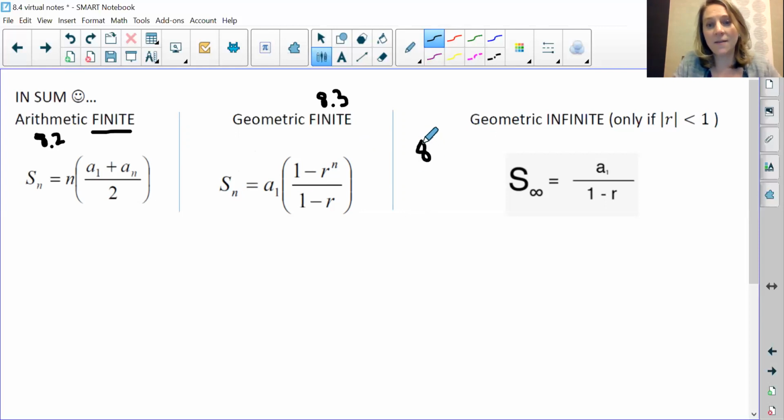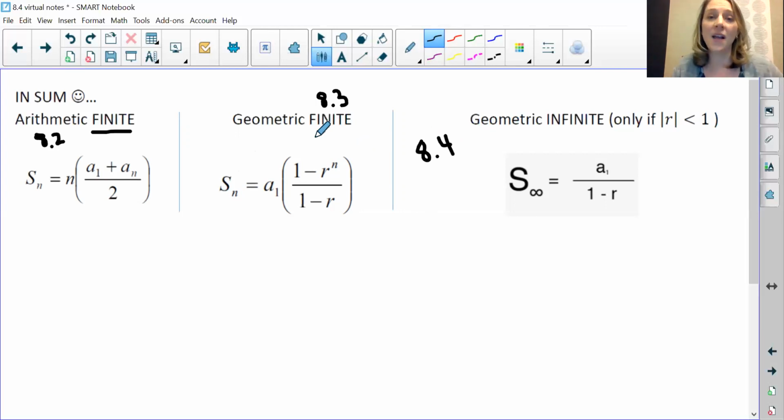And then finally we end here with 8-4, which says, hey, there's a special situation where if geometric is infinite and the ratio is less than 1, well, we have a geometric series that operates kind of like exponential decay, which means the terms are going to fizzle out.